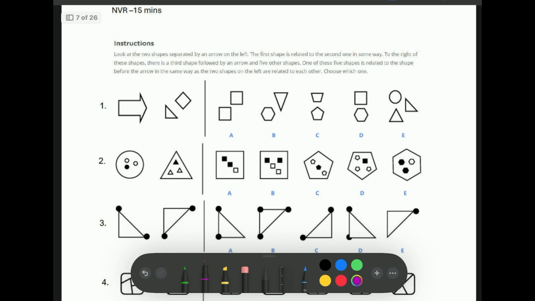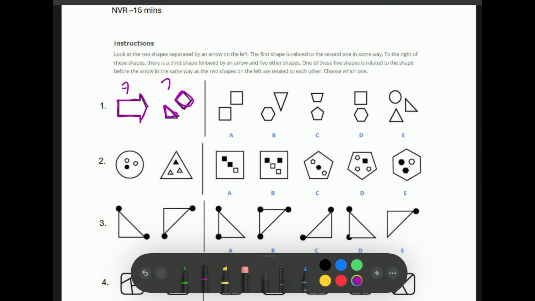So for this one, let's just count the sides first, see if it's like that. So we've got 1, 2, 3, 4, 5, 6, 7, and then 1, 2, 3, 4, 5, 6, 1, 2, 3, 4, 5, 6, 7.